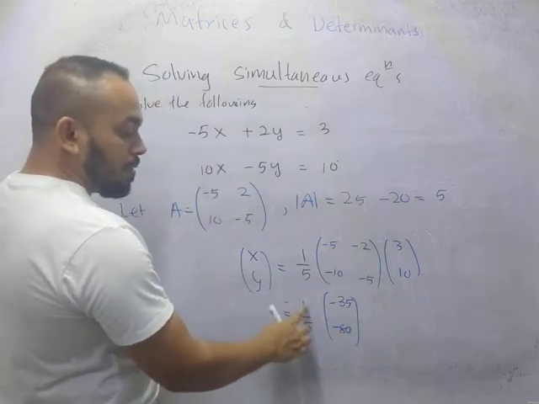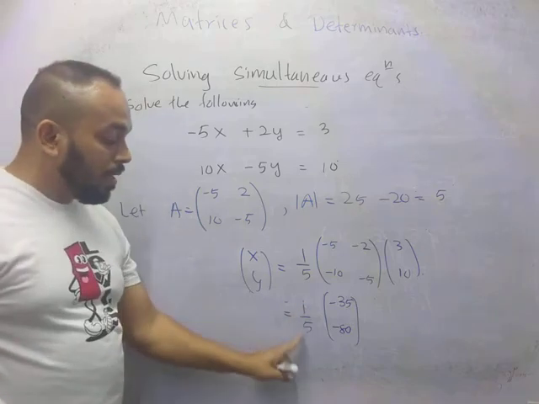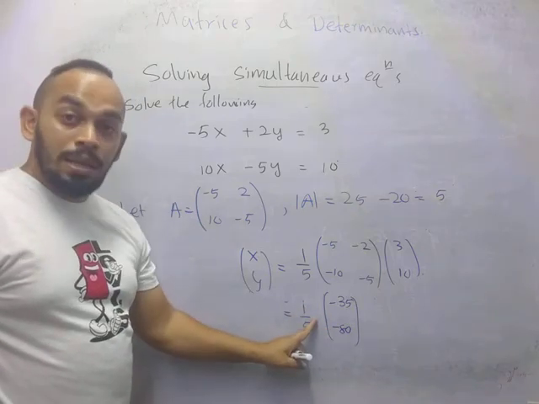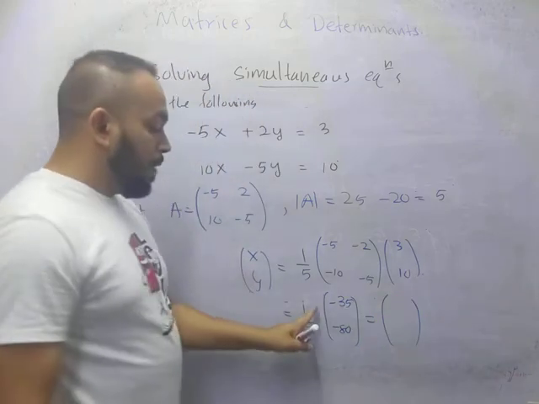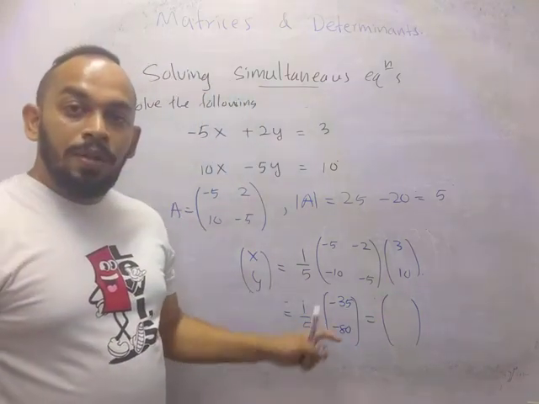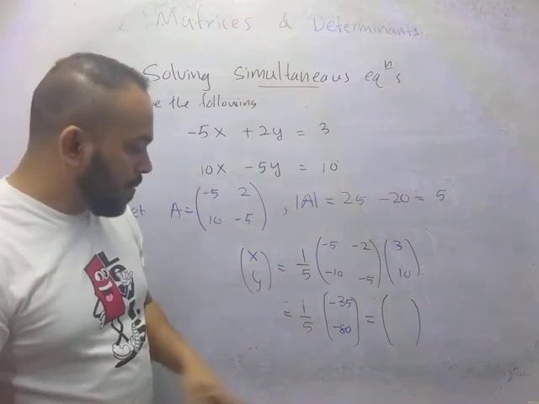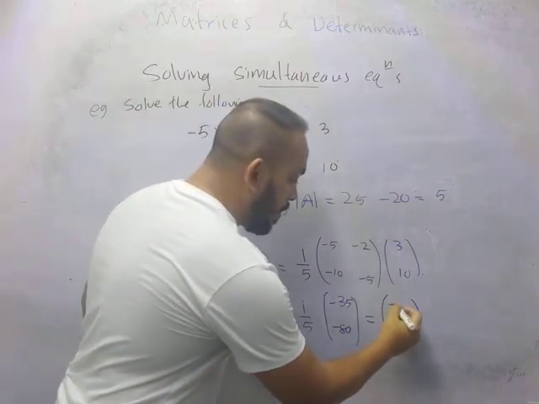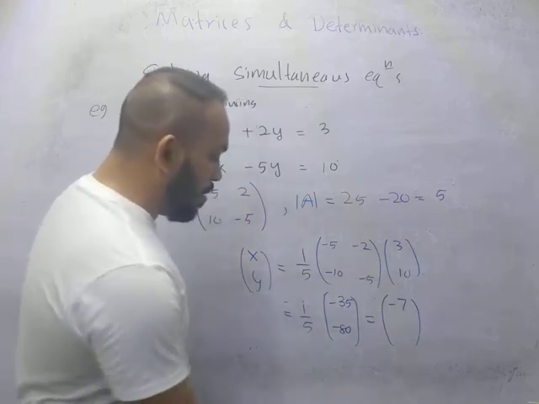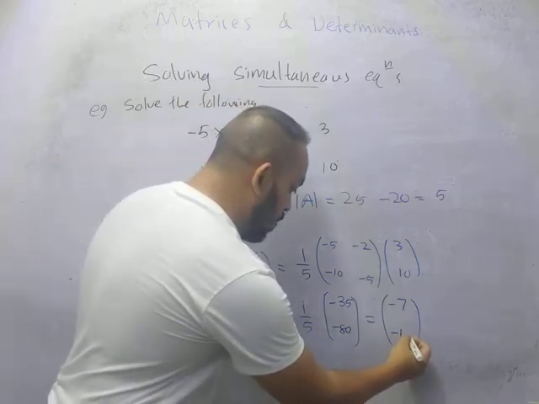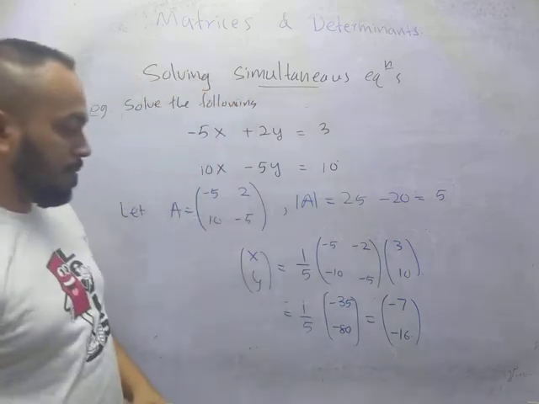This is a scalar, so you have to multiply each element by this scalar. So what do you get? When you multiply by 1 over 5, that's actually dividing by 5. So when you divide minus 35 by 5, you get minus 7. Then when you divide minus 80 by 5, you get minus 16.